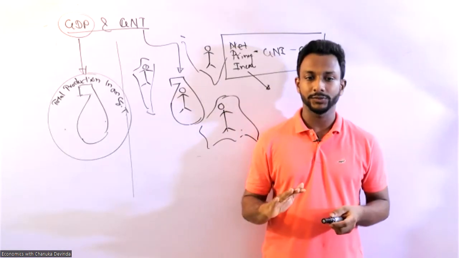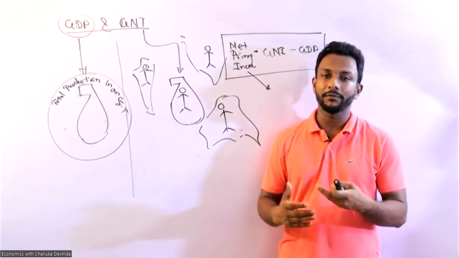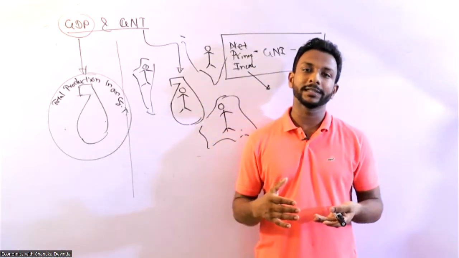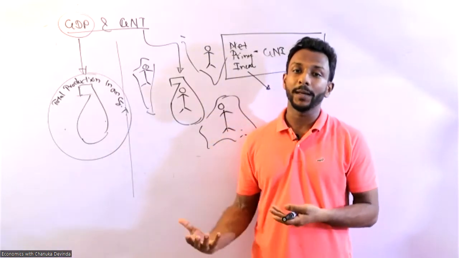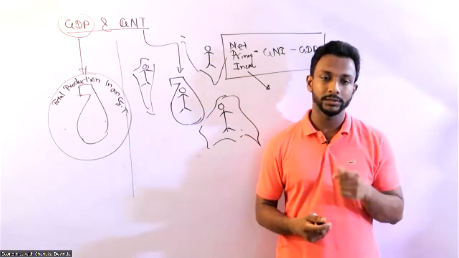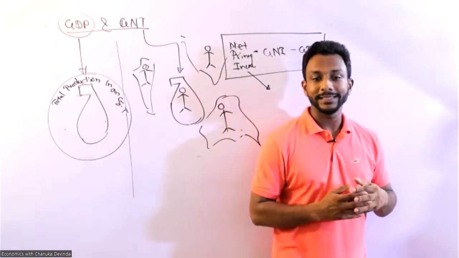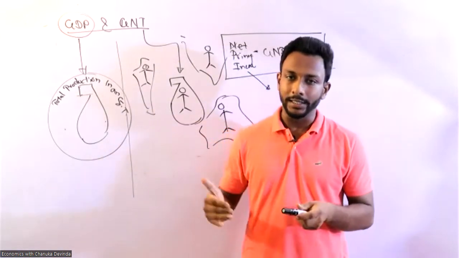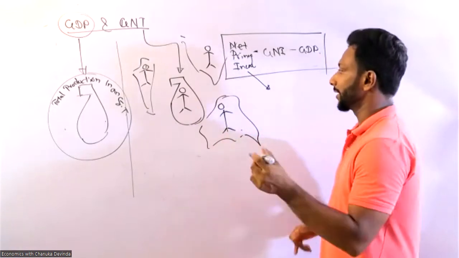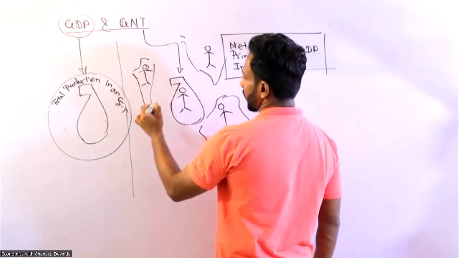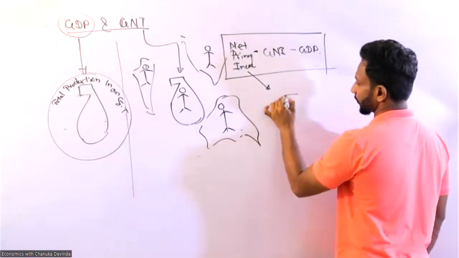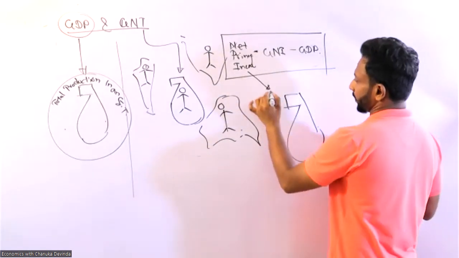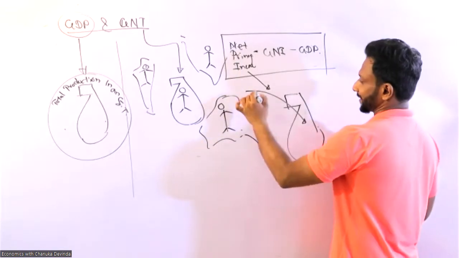Then we can identify what the primary income receipt from the rest of the world is, and what primary income needs to be paid to the rest of the world. Primary income receipt is earnings of residents.